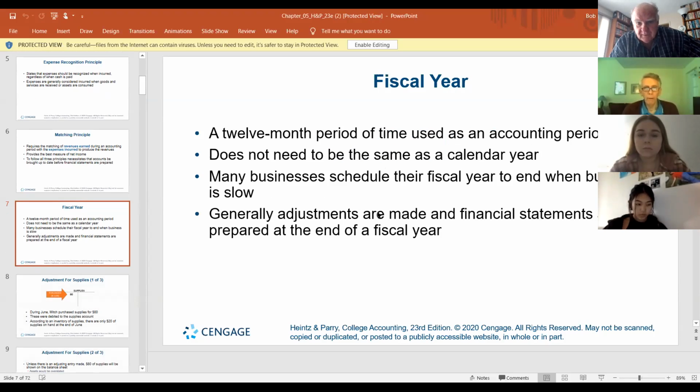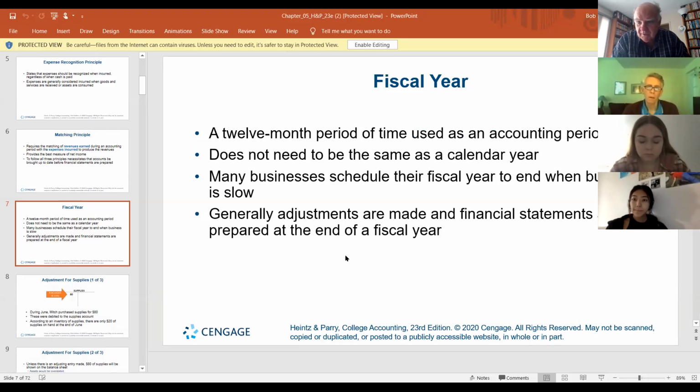Fiscal year, a 12-month period of time used in an accounting period. It does not have to be the same as a calendar year. And many businesses schedule their fiscal year to end when business is slow. And adjustments are made at the end of each fiscal year or each fiscal month. A lot of companies, their fiscal year is based on the product cycle.